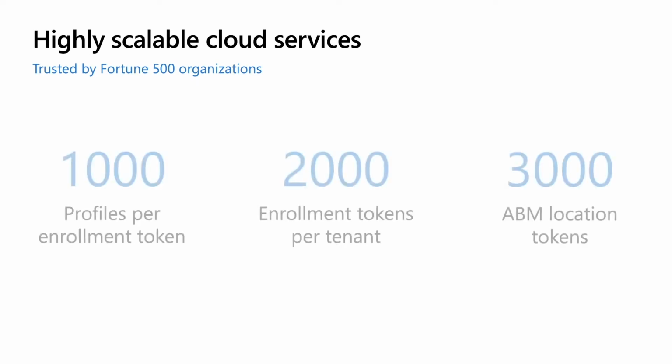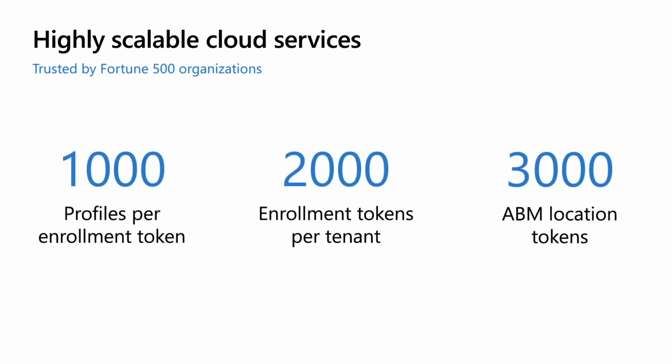For your corporate devices, you can count on Intune to enable 1,000 profiles per enrollment token, 2,000 enrollment tokens per tenant, and 3,000 Apple Business Manager location tokens.